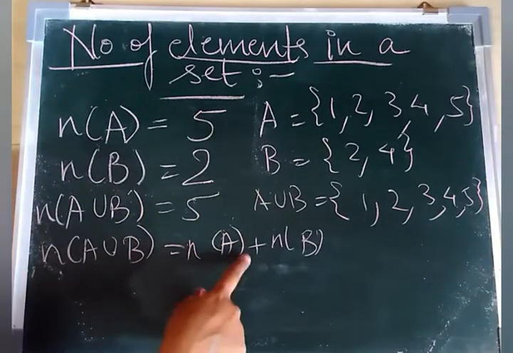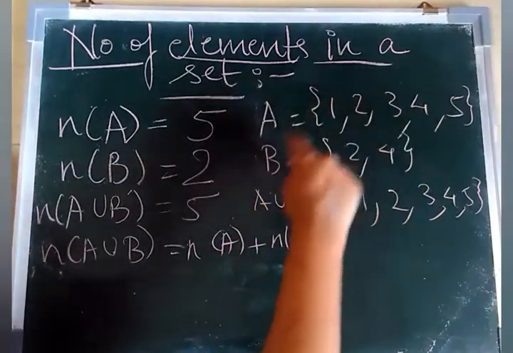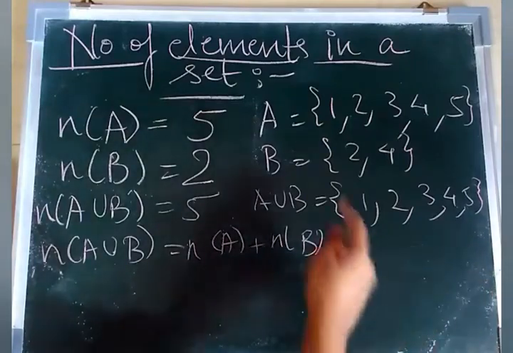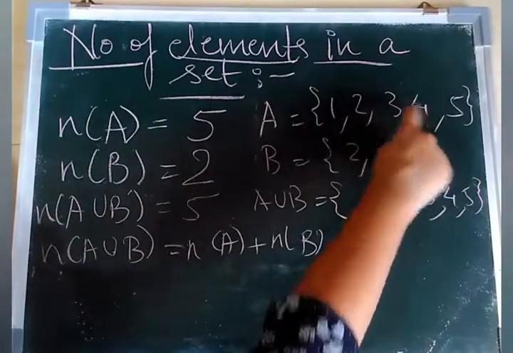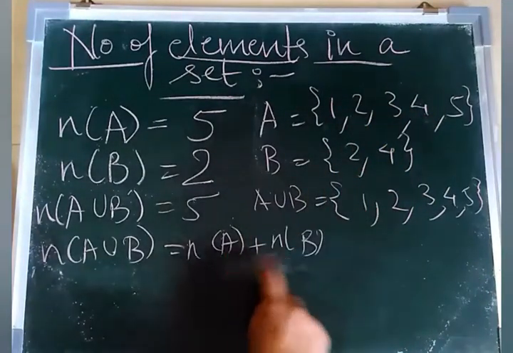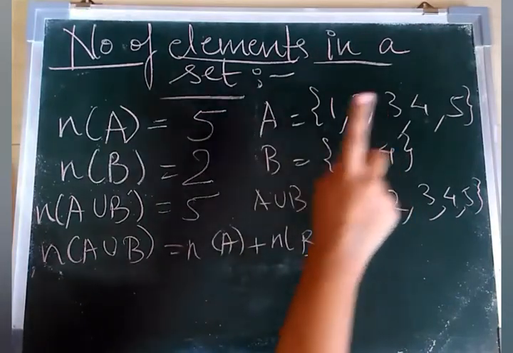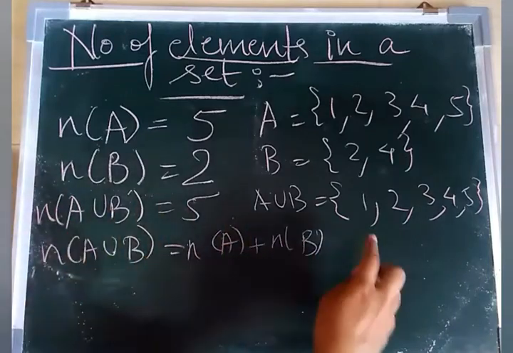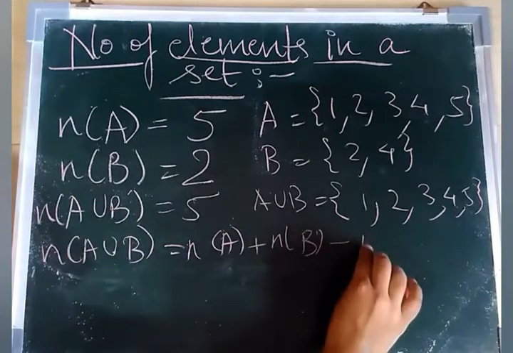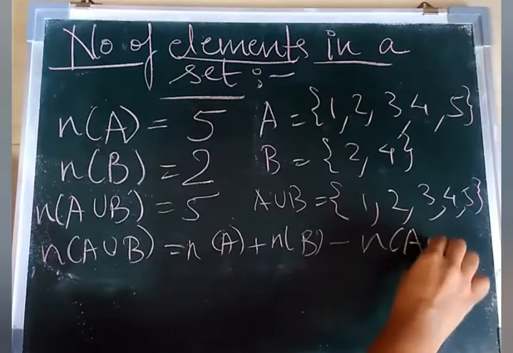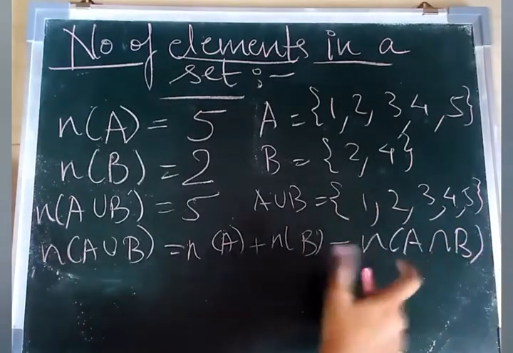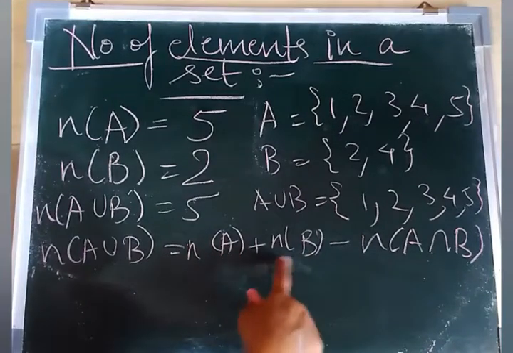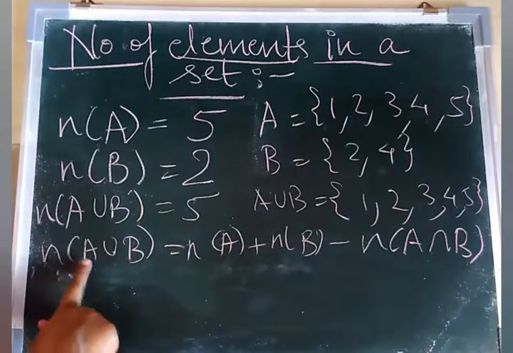Whereas in this, I am adding these 5 elements plus these 2 elements, so I am counting 2 and 4 with A as well as with B. I have to count them only once when I am talking about A union B. So to make this formula correct, I have to introduce A intersection B. If I subtract the number of common elements from n of A plus n of B, then I will arrive at n of A union B.